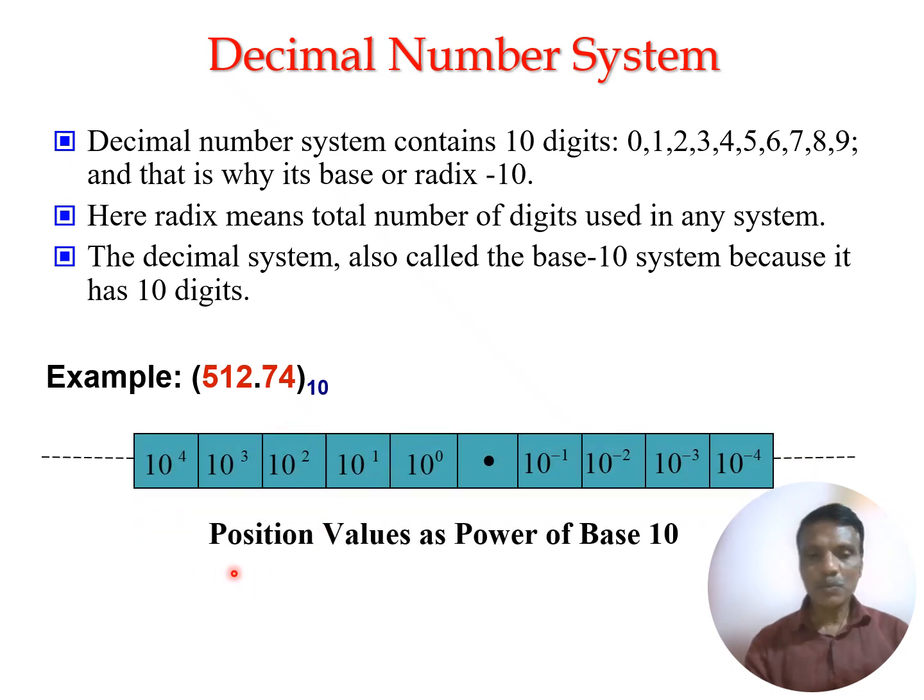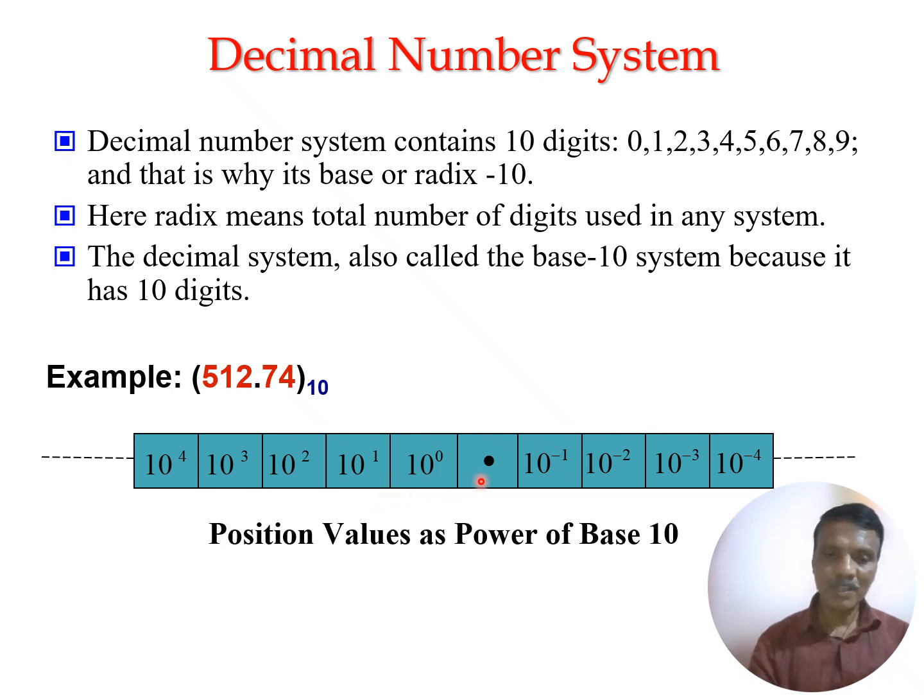And these are the position values, the power of the base of the number system we are using. Here it is the power of base 10. Based on the base, there is a fraction point, and from the fraction point we give the weightage of each position.